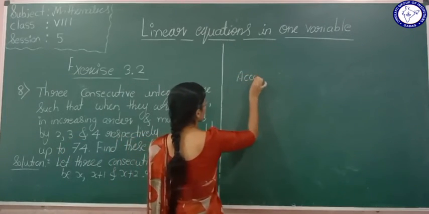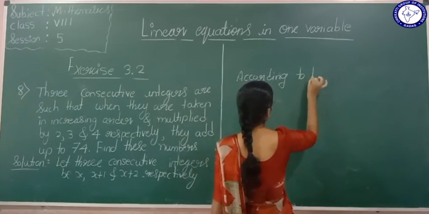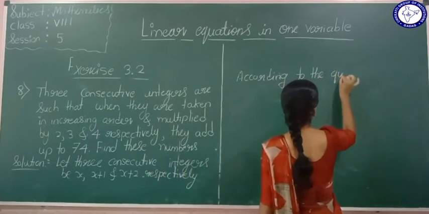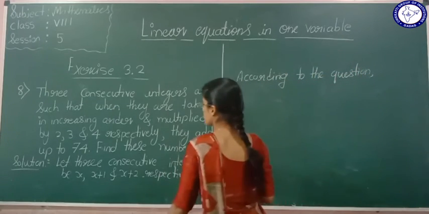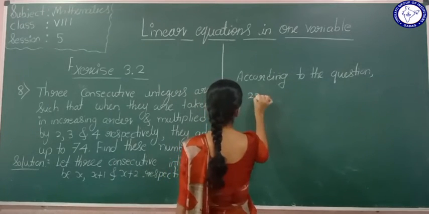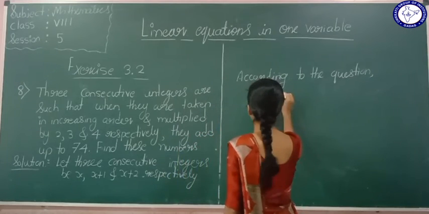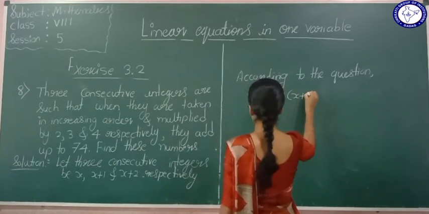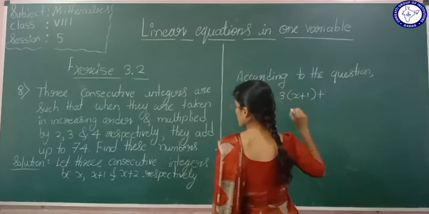According to the question, the first integer we multiply by 2, the second integer by 3 and the third integer by 4.